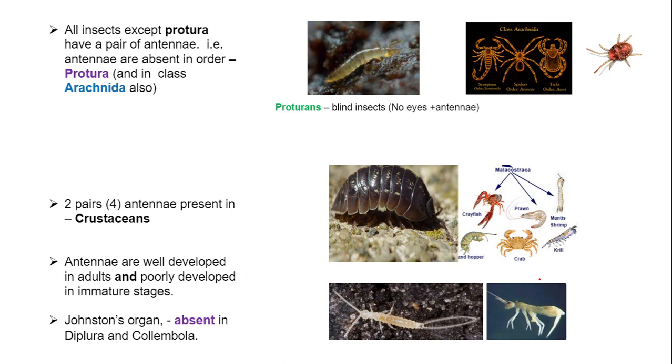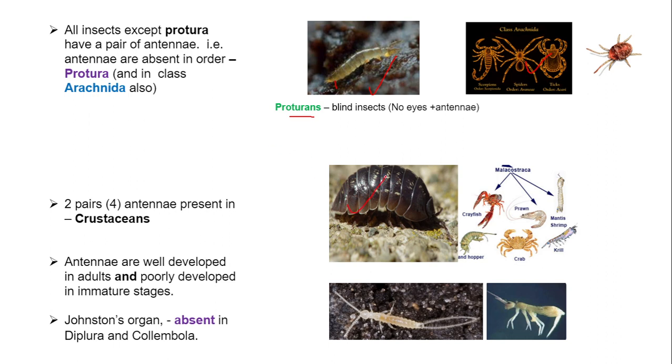All insects except Protura possess a pair of antennae; in Protura antennae are absent. Antennae are also absent in class Arachnida. Proturans are blind insects because they do not possess any eyes and antennae.